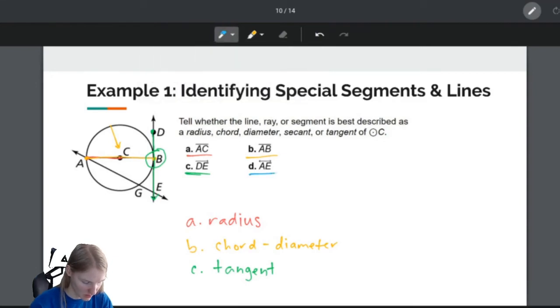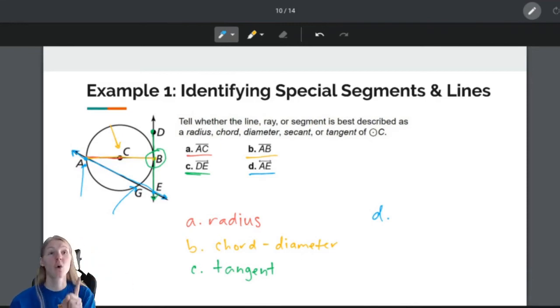Alright, and now we're looking at line AE. Write it over. Line AE, so here's A, here's E, and we're looking at this whole line. Well, I noticed that it intersects the circle at two places. So a chord intersects a circle at two places?